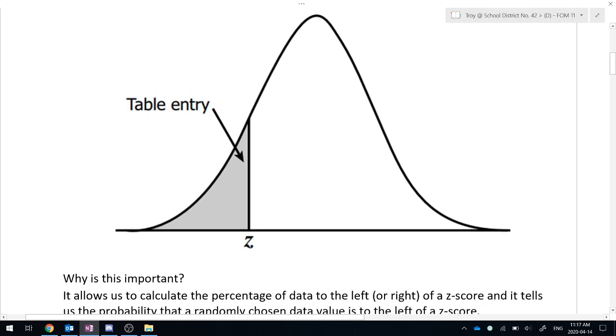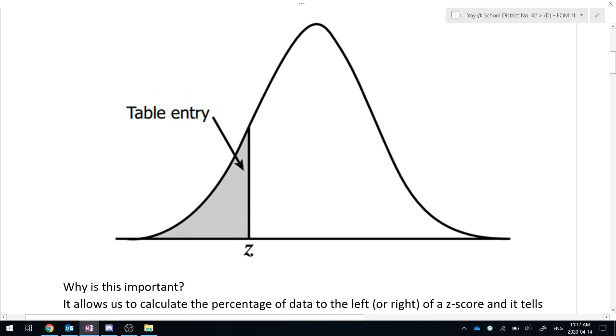So for example, if we had a data point right here on our curve, we would calculate the z-score using our z-score formula, x minus x bar divided by the standard deviation.